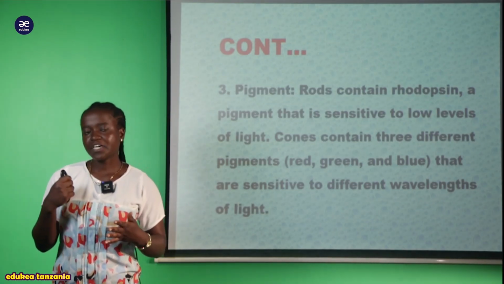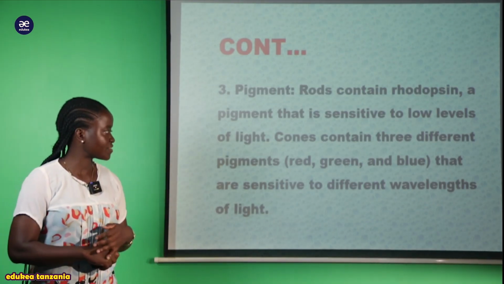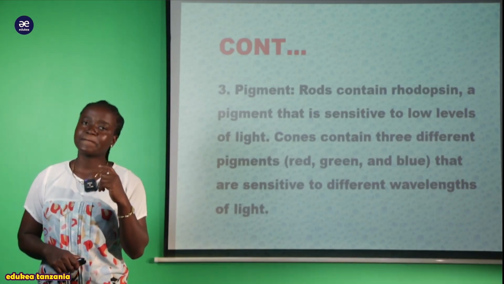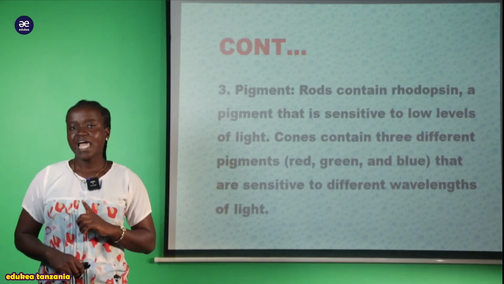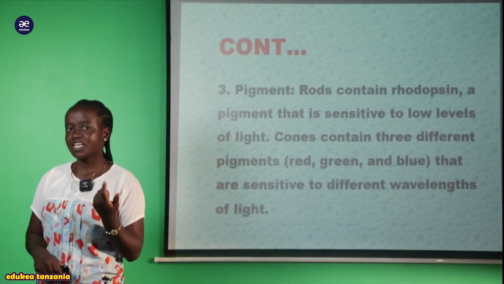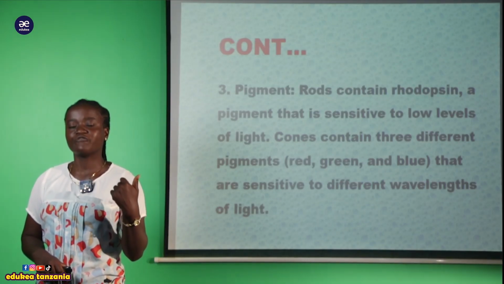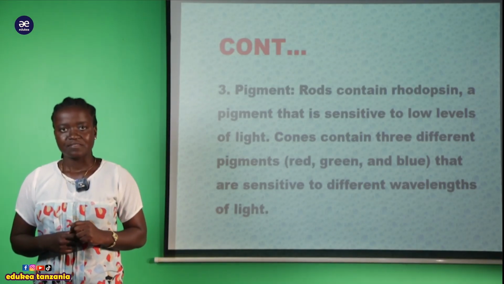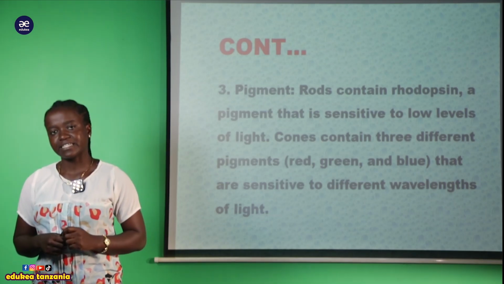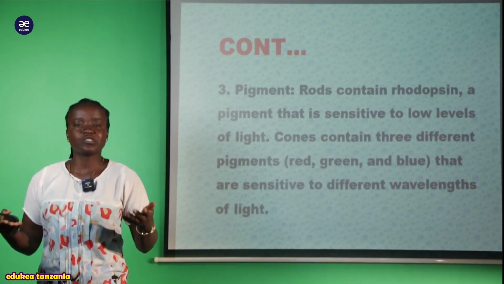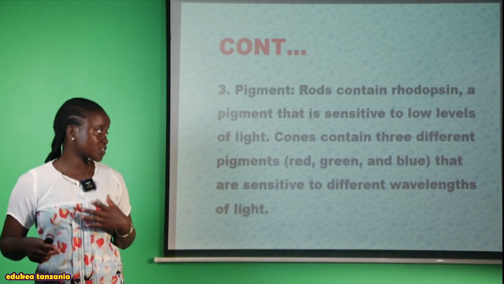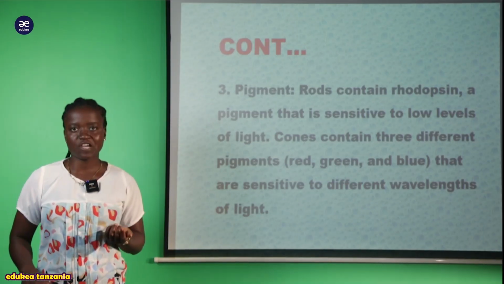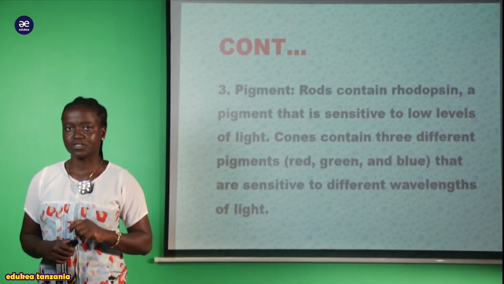So red, green together with blue are the pigments found within the cones. And these pigments are very sensitive in high levels of light. That is, in bright light is where you are able to differentiate different kinds of color. It is due to the presence of these pigments found within the cones.